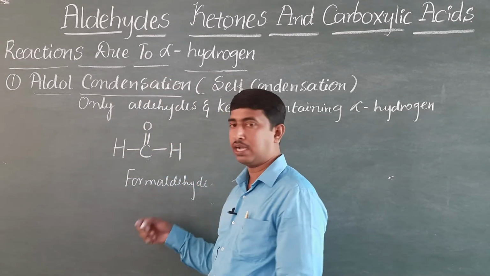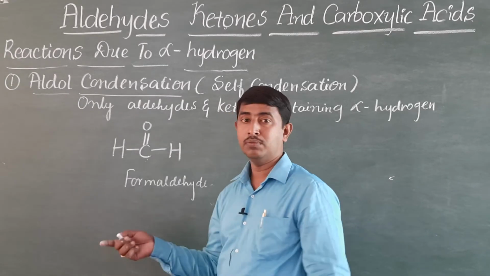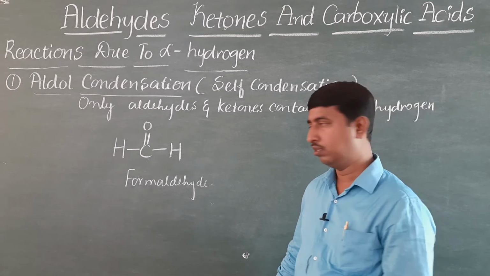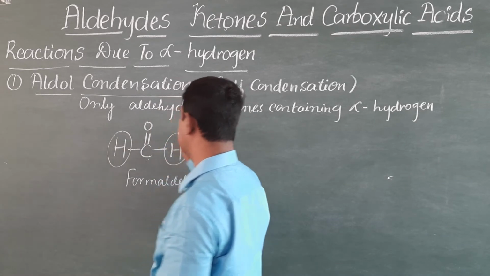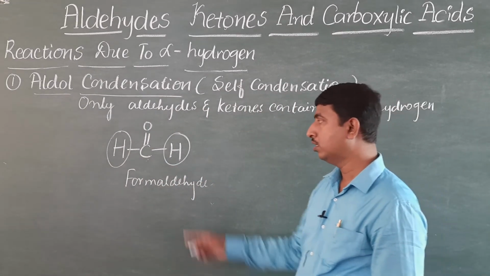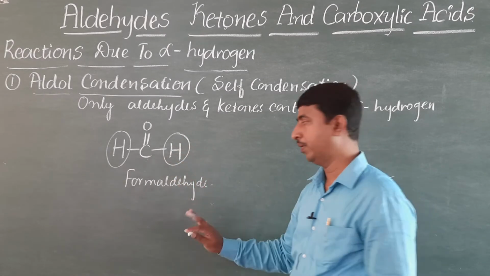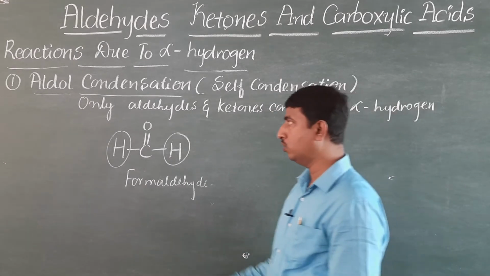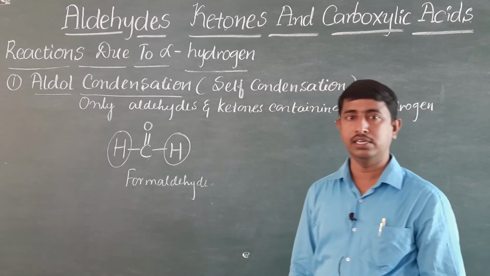There should be one carbon. That carbon we name alpha carbon, and the hydrogen present on that alpha carbon we name alpha hydrogen. But in the case of formaldehyde, there are hydrogen atoms, but they are not present on an alpha carbon atom. So these hydrogens are not considered alpha hydrogen. So formaldehyde does not contain any alpha hydrogen, so it does not undergo aldol condensation.